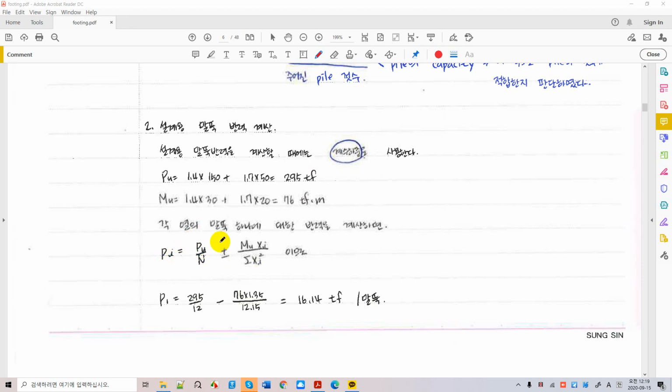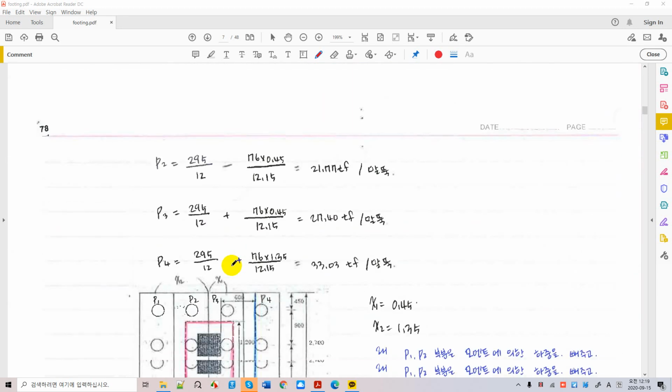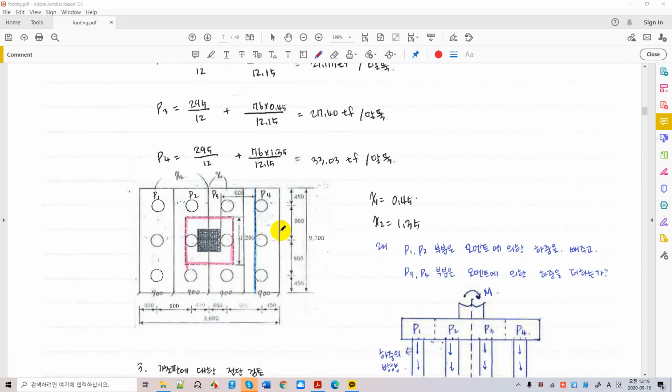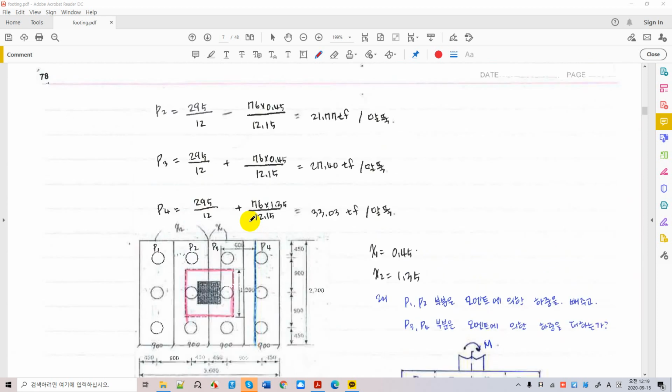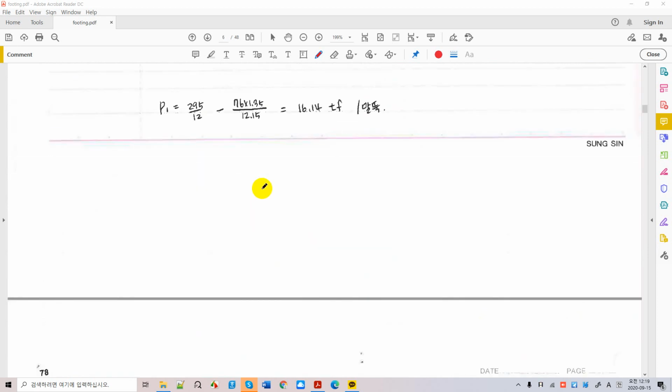Given the situation where we have a factored load here and a factored moment, right? So we're going to calculate here. We have a plus minus value because if we have a moment direction, then you're going to have tension over there and compression over there. And if you go this way, we're going to have compression right here and tension in this portion. So this is going to be alternating. It doesn't matter.